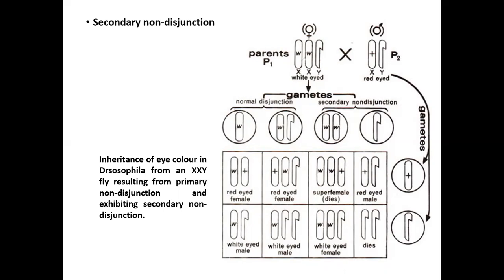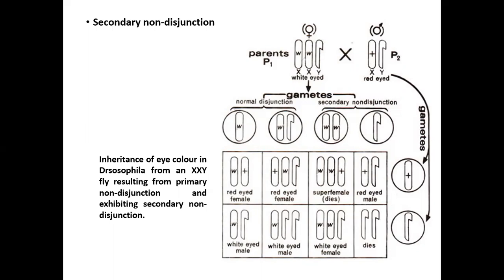The results obtained due to non-disjunction were not expected on the basis of normal segregation patterns, as in Morgan's case. However, they could be easily explained by assuming that the two X chromosomes in female individuals do not disjoin. If this assumption is correct, XXY female individuals would be obtained in the progeny.